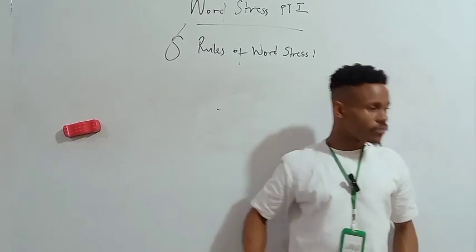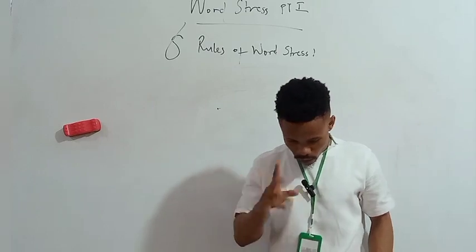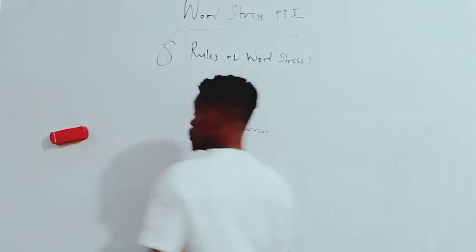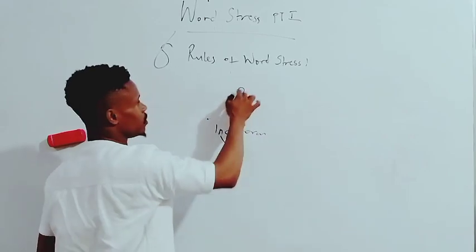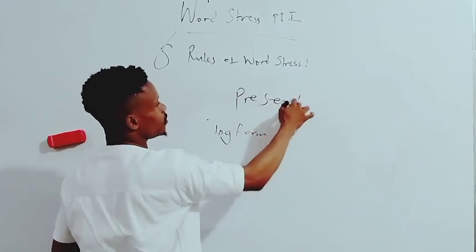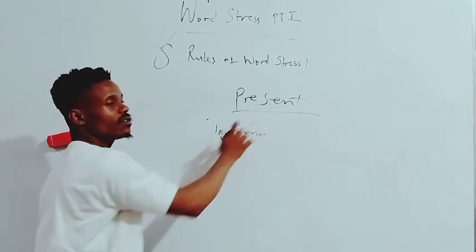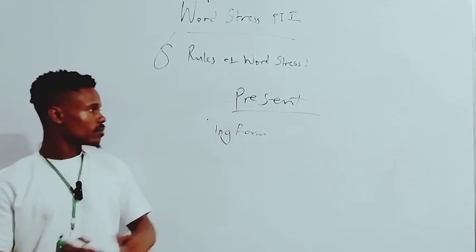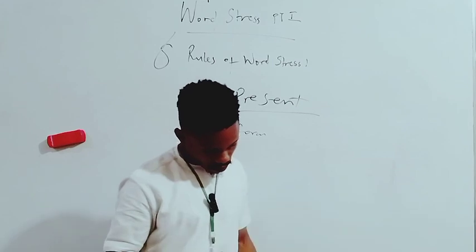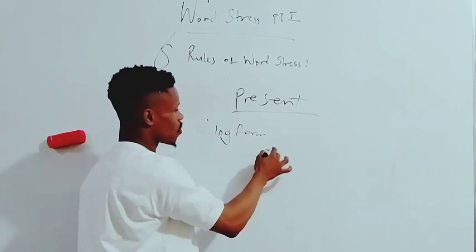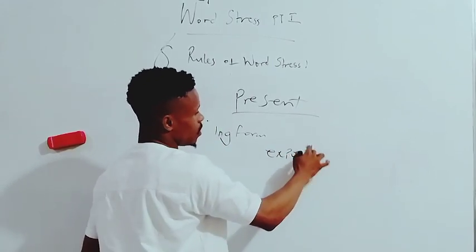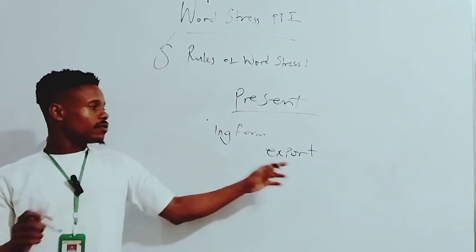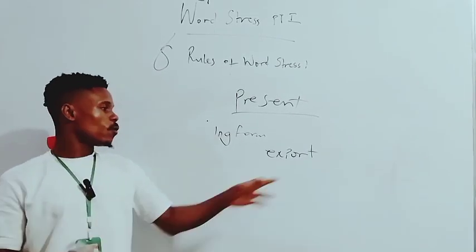Rule 2. When a verb or a preposition has 2 syllables. So now, under this rule, what is the stress here? Under still the rule, what's the stress here?